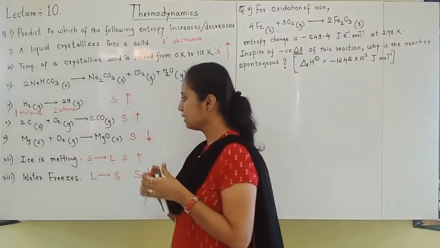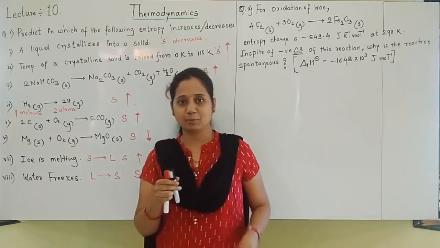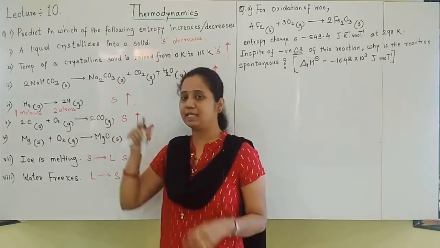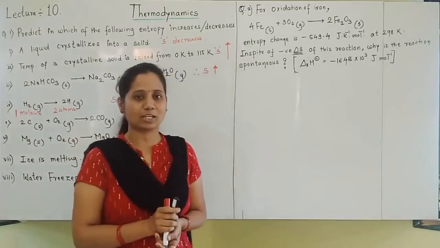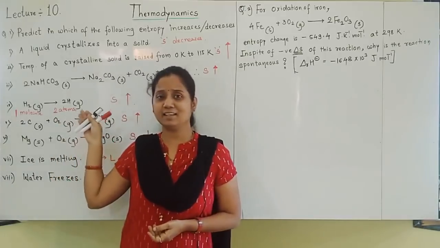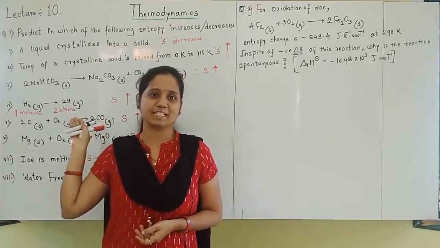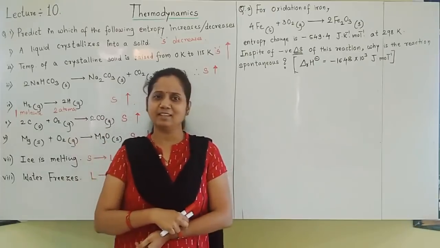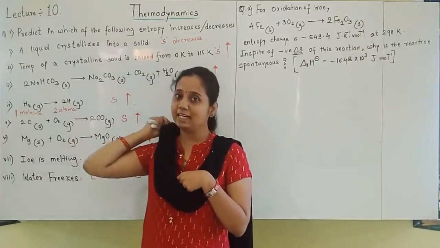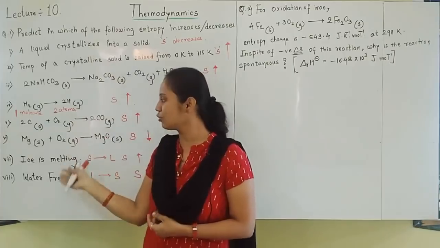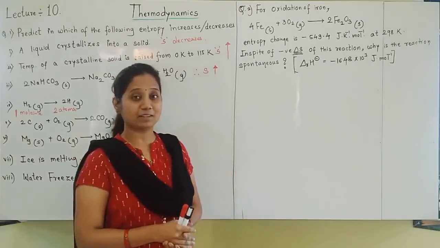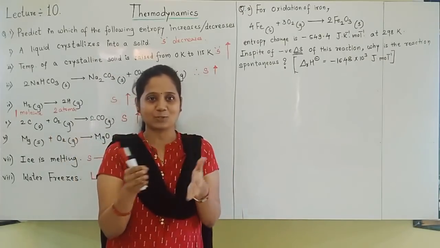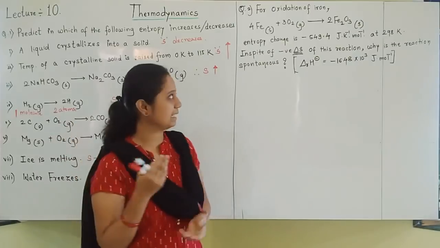So like this, friends, a variety of questions will be asked. Whichever reaction is given, observe their physical states, and like this you can solve questions. These are very easy types of questions, and they don't need much reading before the exam. So always attempt such questions, and there is no chance that marks will be deducted. Full marks you can get here.